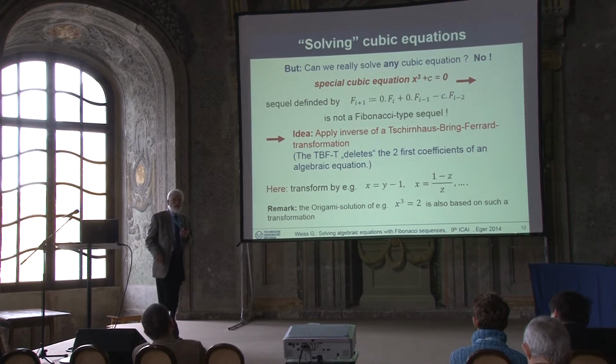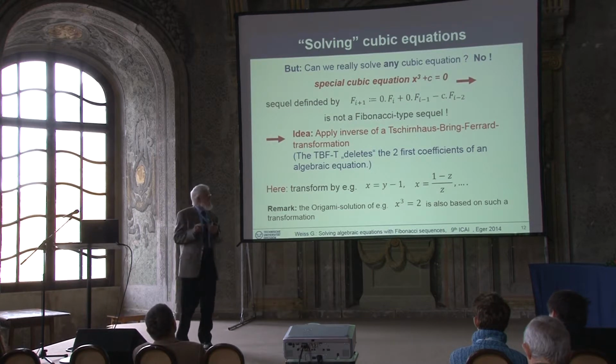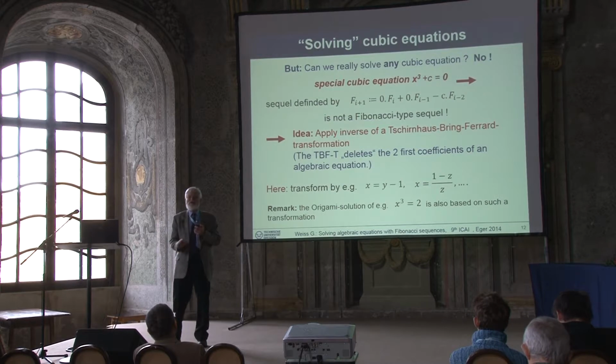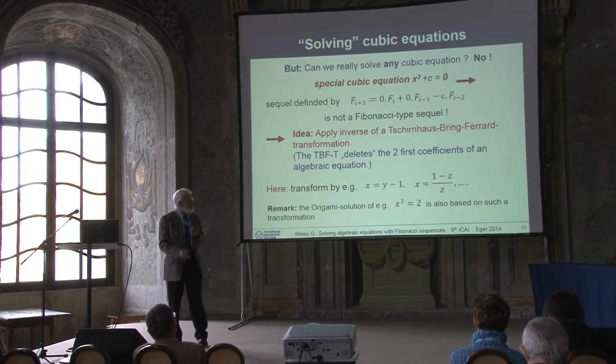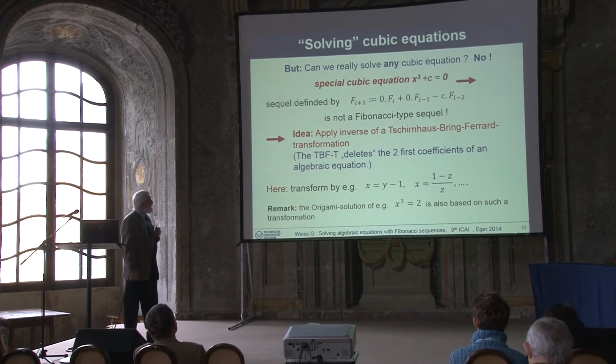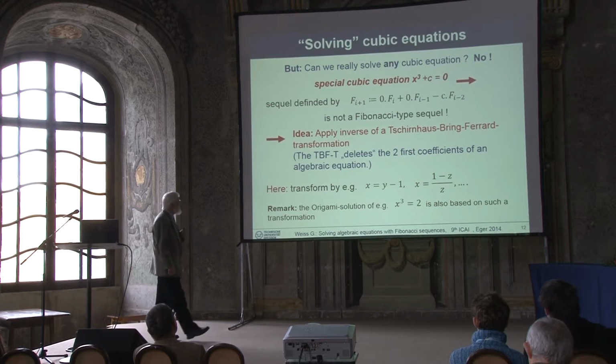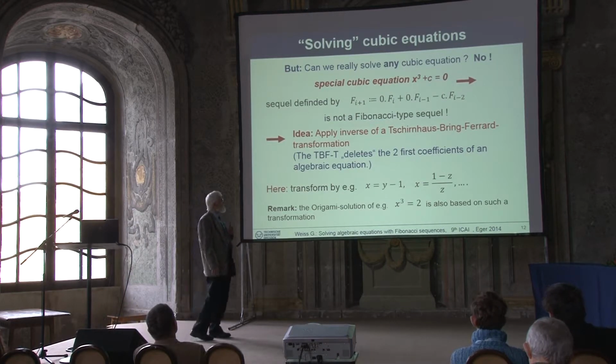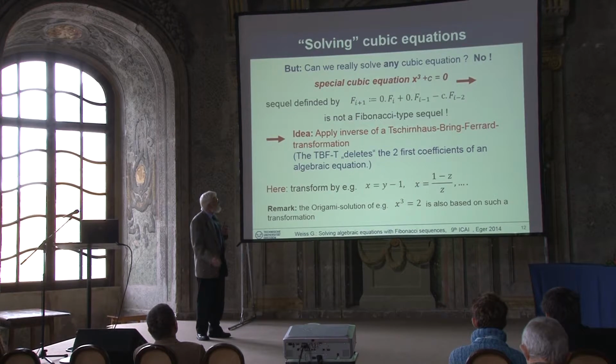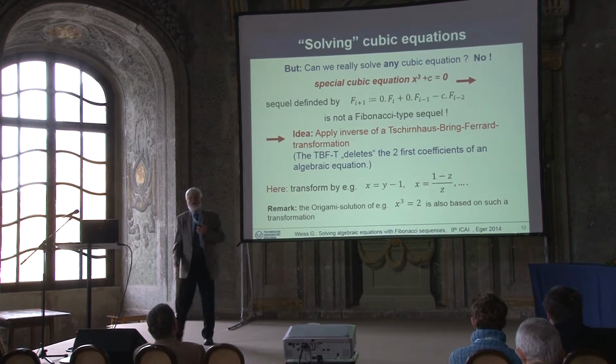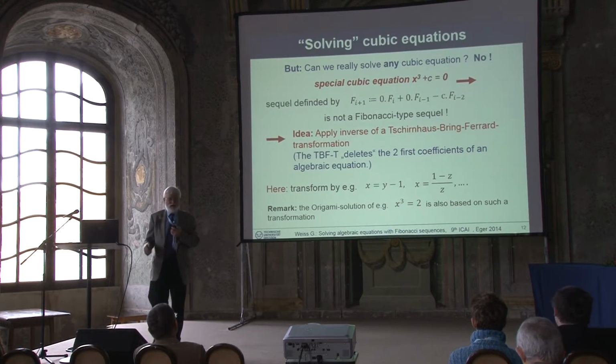He thought that he can make 2 coefficients of an algebraic equation vanish. And this is somehow true.